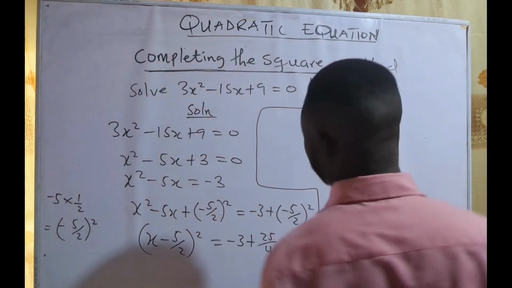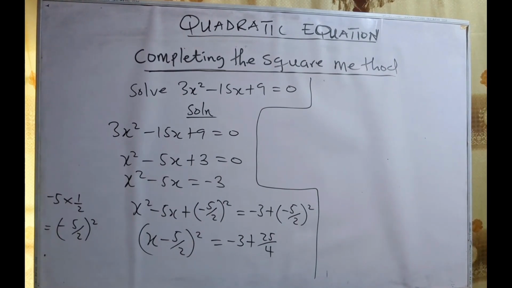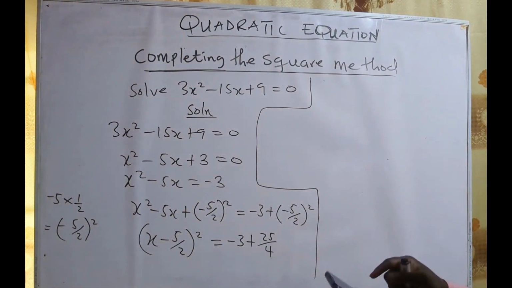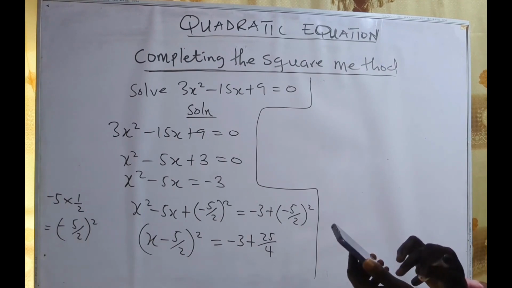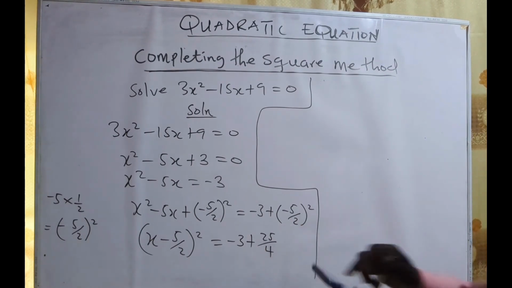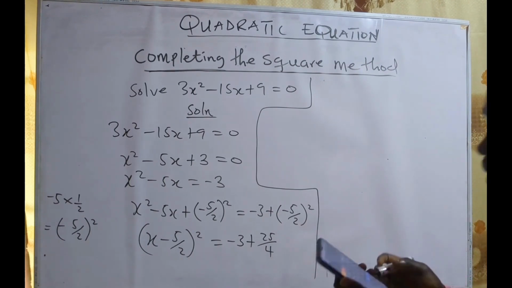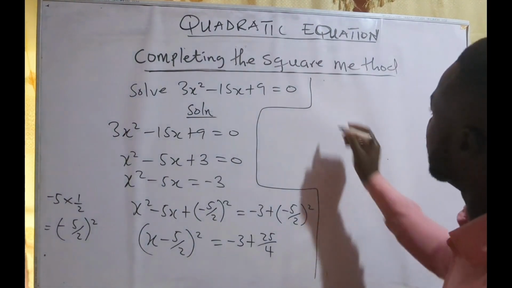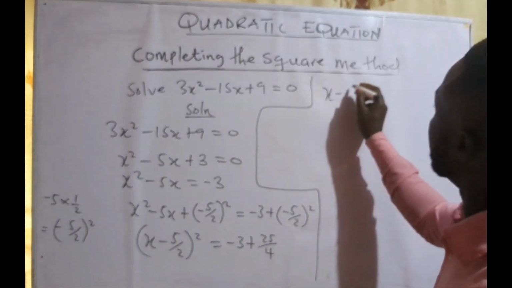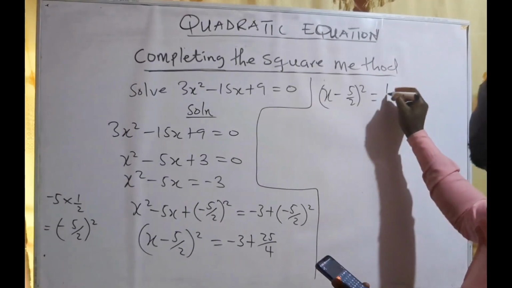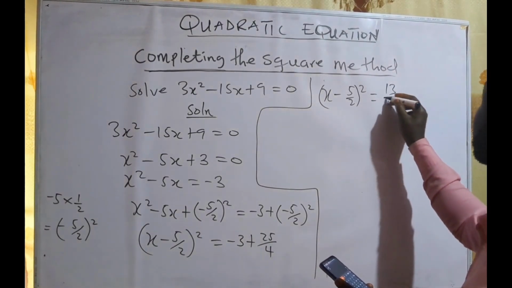So let's continue from here. Okay, so what we are going to do is negative 3 plus 25 divided by 4. That will give me 13 on 4. So we are going to have x minus 5 on 2 all squared to be equal to 13 on 4.